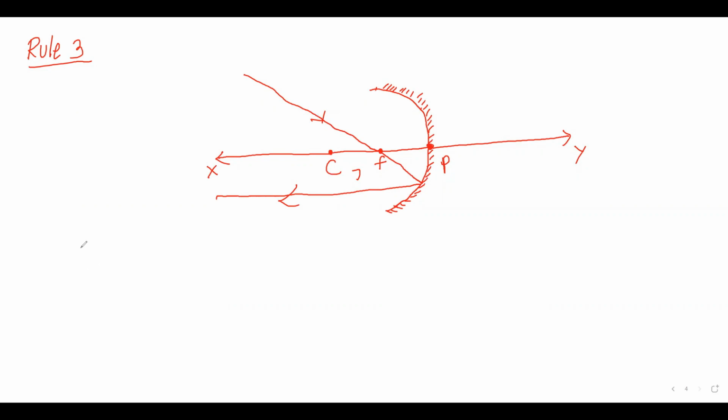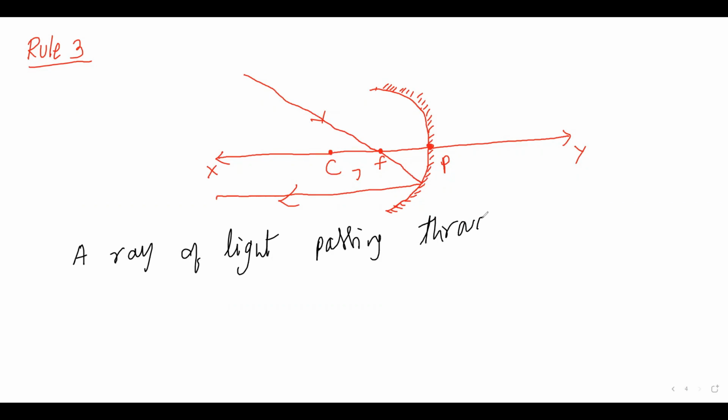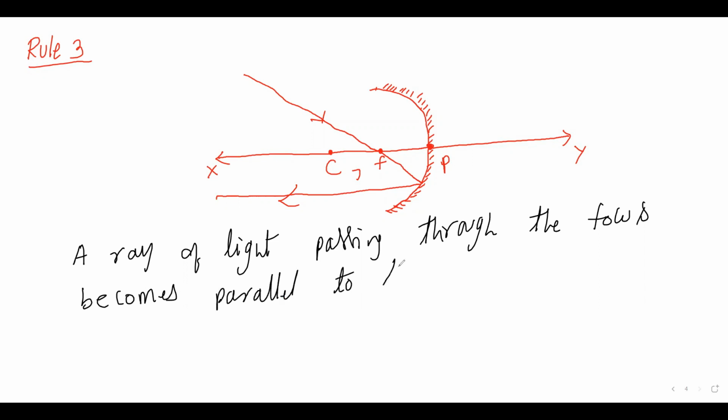A ray of light passing through the focus becomes parallel to the principal axis after reflection.